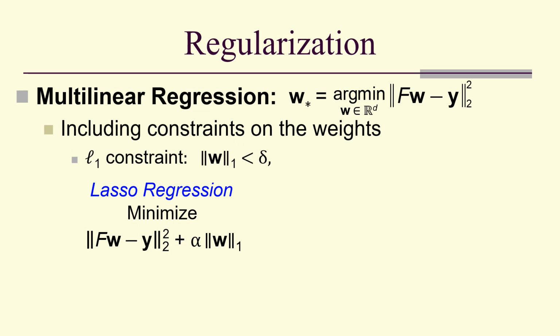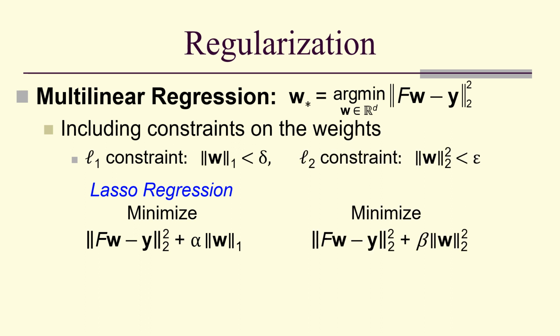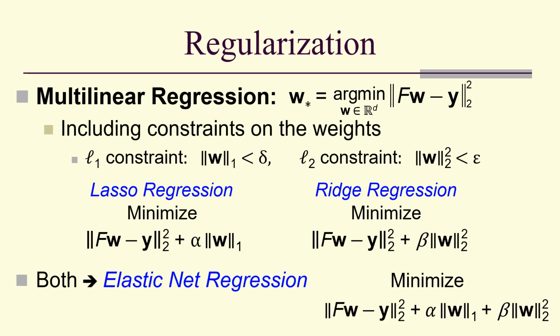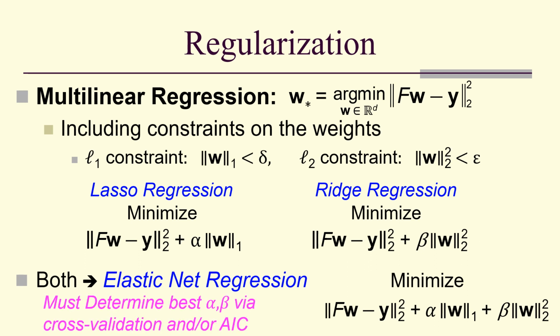And this is called Lasso regression. For my L2 constraint, I'm minimizing with now a 2 norm added on, squared. And this is called ridge regression. And I could use both, in which case it would be called elastic net regression, and I would be minimizing with both regularization terms. And then you determine the best alpha and beta via cross-validation or AIC. And we'll do both in this video.